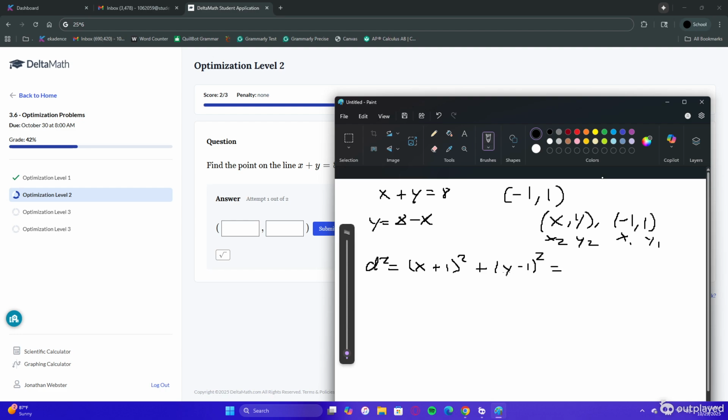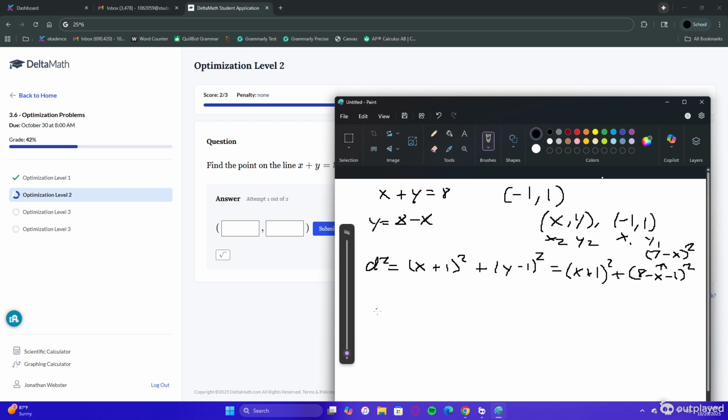And substituting for y, you'd get (x plus 1) squared plus (8 minus x minus 1), sorry, minus 1, and then squared, and that's equal to (7 minus x) squared.